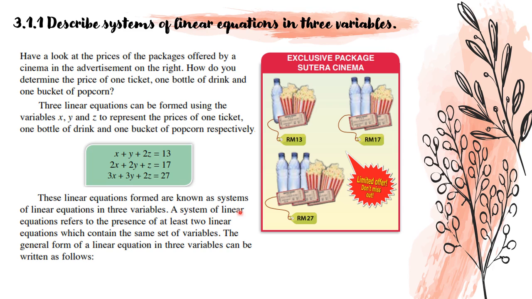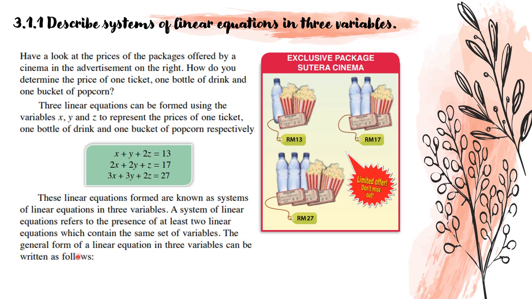A system of linear equations refers to the presence of at least 2 linear equations which contain the same set of variables. So here the variables are x, y and z. Okay, so all 3 equations contain the same set of variables.